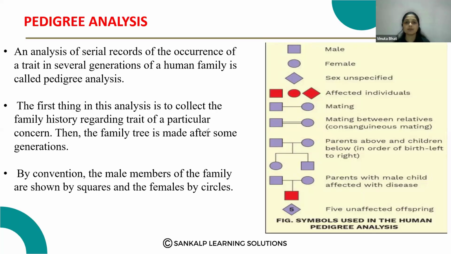By convention, to analyze the character or disease in a family, we use some symbols. The square symbol represents the male, and the circle represents the female.